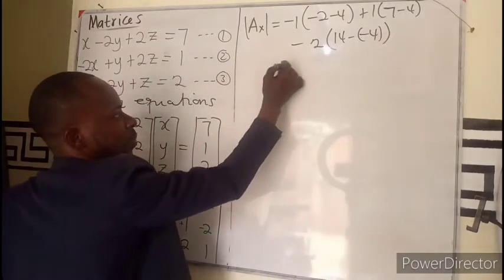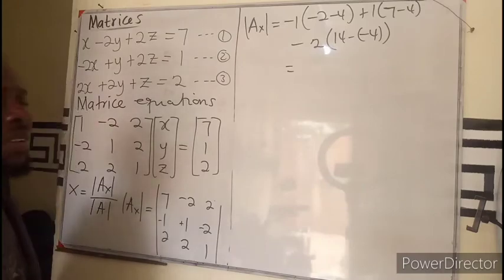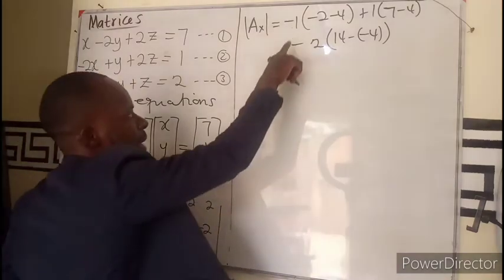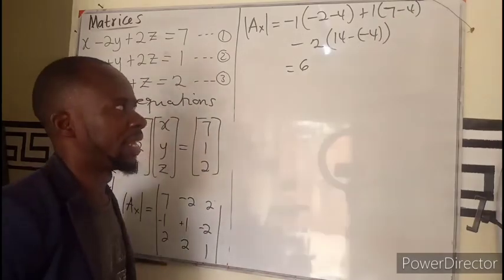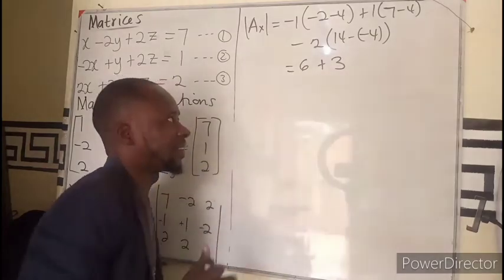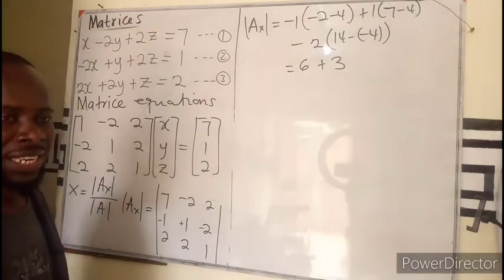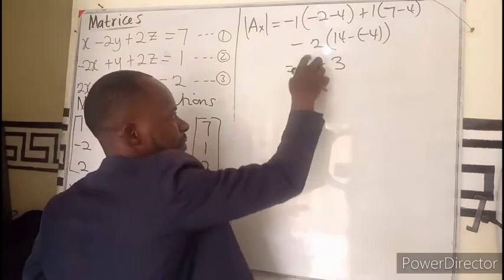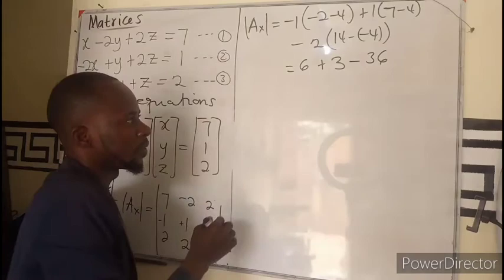So our A determinant is going to be, inside this, you'll be having minus 6 times this, so plus 6. This will give you 3. That's it, plus 3. This will give you plus. So in that plus will give us 18. 18 times this, negative 36.